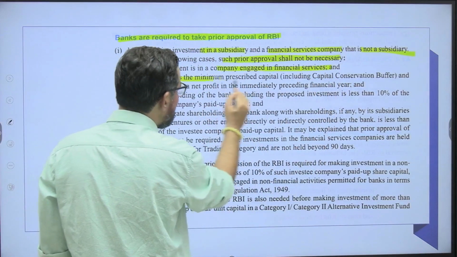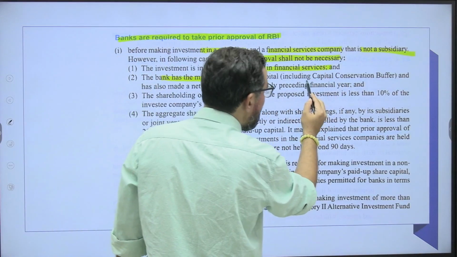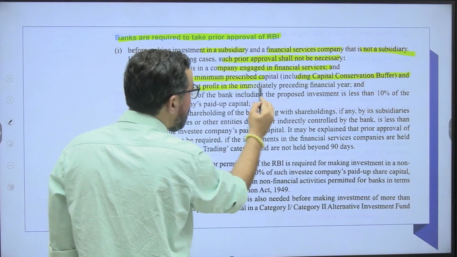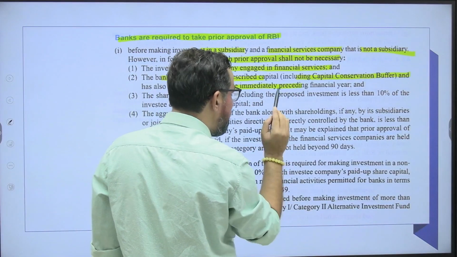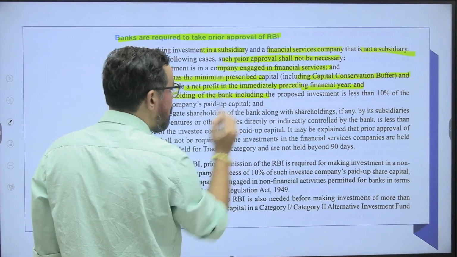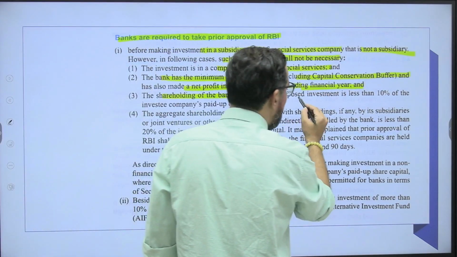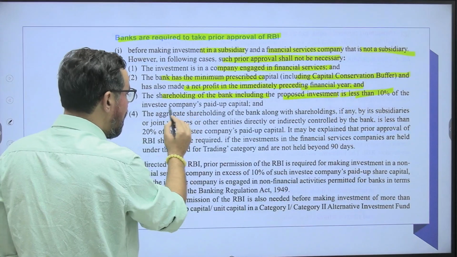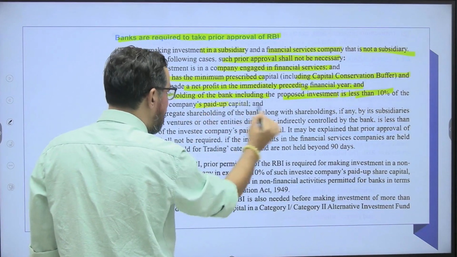The bank has minimum prescribed capital, including capital conversion buffers, and also made a net profit in the immediately preceding financial year. The shareholding of the bank, including the proposed investment, is less than 10% of the investee company's paid up capital.